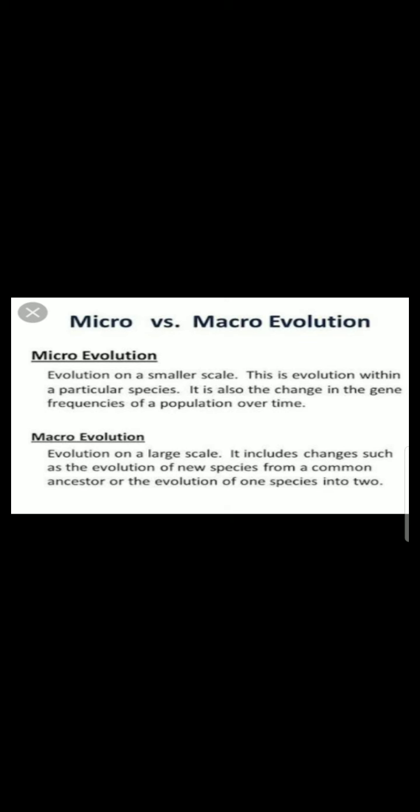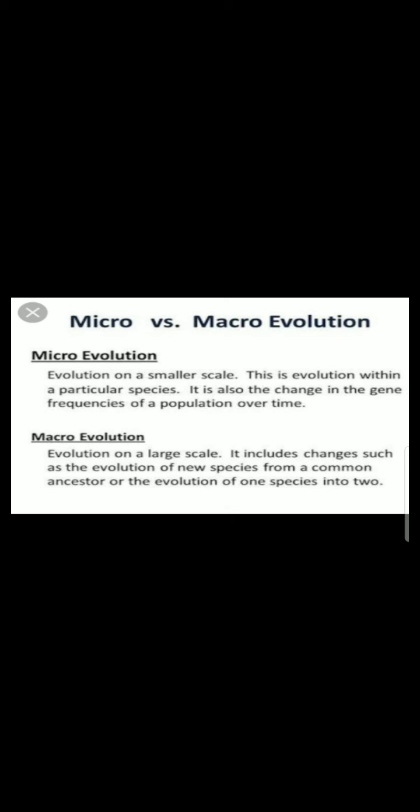Further, evolution is classified into two categories: microevolution, that is the evolution of subspecies or geographical races, and macroevolution, that is the evolution of species, genera and phyla. In simple terms, we understand microevolution as evolution on a smaller scale.